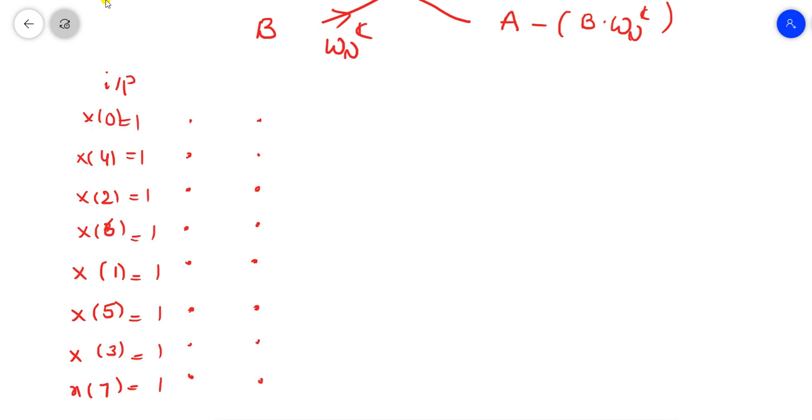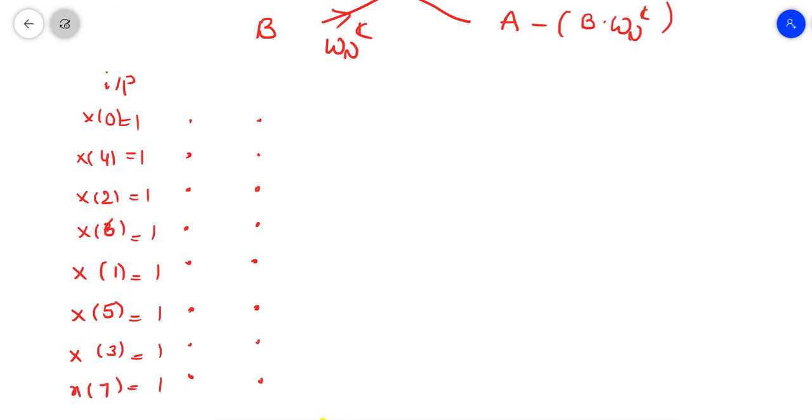According to step 5, what is step 5? Inputs and outputs for each butterfly are separated by 2 to the power of m minus 1 samples. So for the first case, the input and output are separated by one sample only.